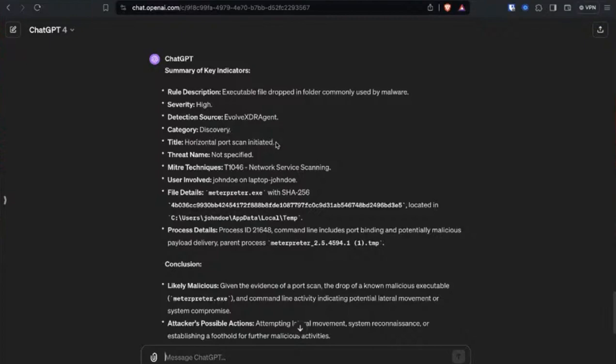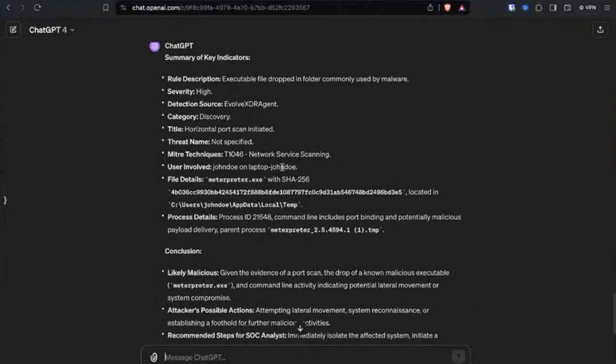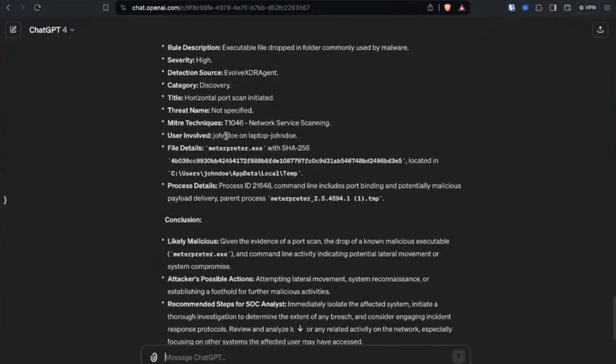There was also a horizontal port scan initiated. It's got the MITRE ATT&CK mapping, network service scanning. You can see the user involved, John Doe, and which system they were on, John Doe using their laptop. For the file dropped in the folder commonly used by malware, you can see meterpreter.exe, and it has the hash value as well.